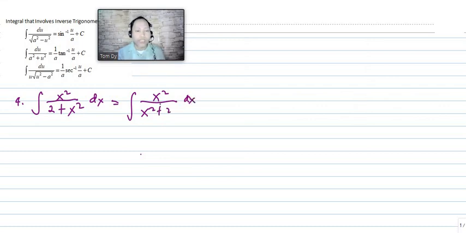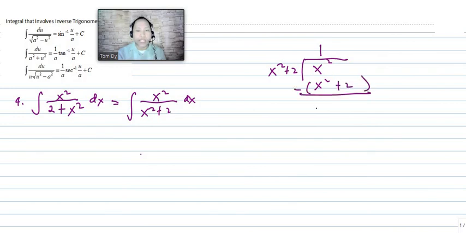So we divide: x squared divided by x squared is 1. 1 times x squared is x squared. 1 times 2 is 2. And then we subtract this one. x squared minus x squared equals 0, and negative times positive is negative 2.